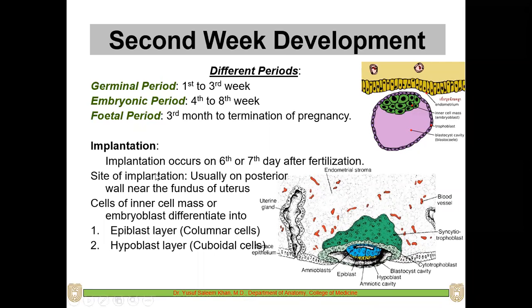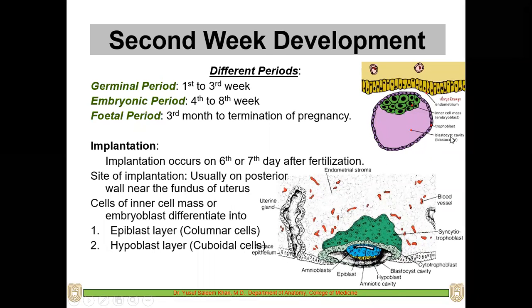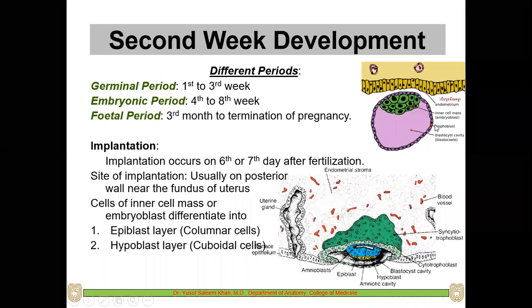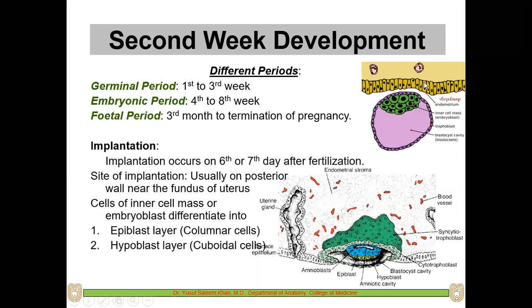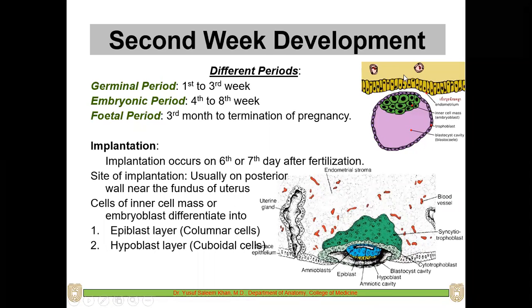Now this blastocyst, which was covered by the zona pellucida, loses it, as the zona pellucida disappears. These trophoblastic cells have a very strong capacity to erode the endometrium. If you see here, this is the inner lining of the uterus of the mother.